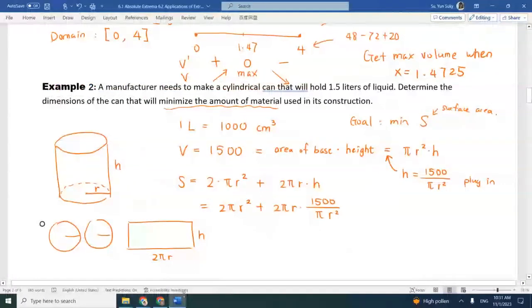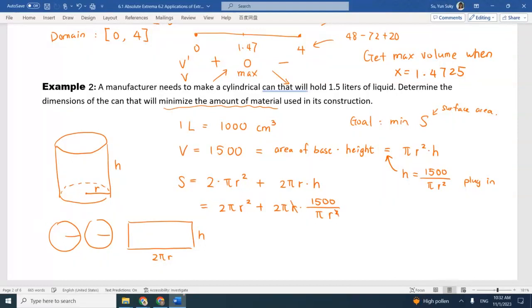We simplify. Before you differentiate, please simplify. Do you see the pi we can cancel, right? And one copy of the r we can cancel. We get 2 pi r squared plus, do you see 2 times 1500 is what? 3000. And it's over r.